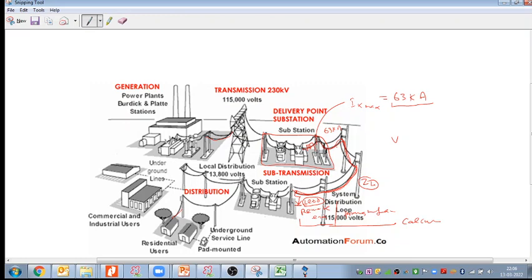Let me tell one more point. Before this substation, please concentrate, this is a very typical statement, and it is going to decide the calculation approach. So see, this generation, I am going to indicate by this symbol, my generator, and we are feeding the power, voltage and current to the substation.